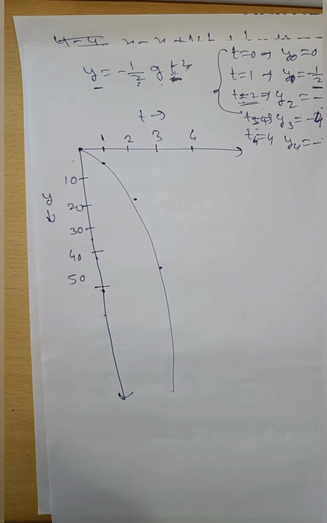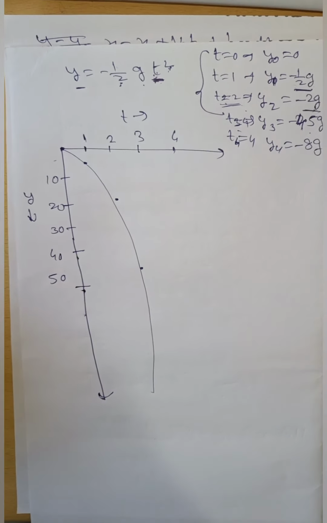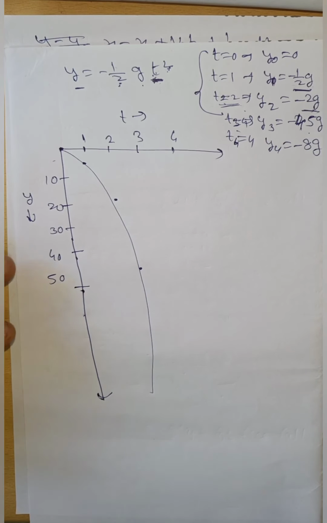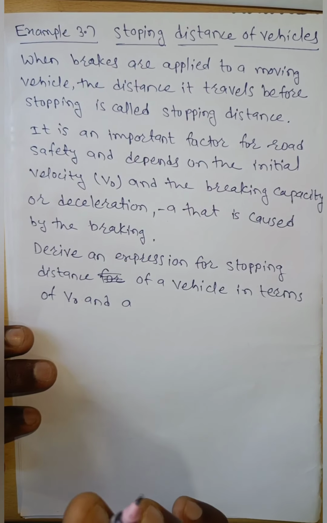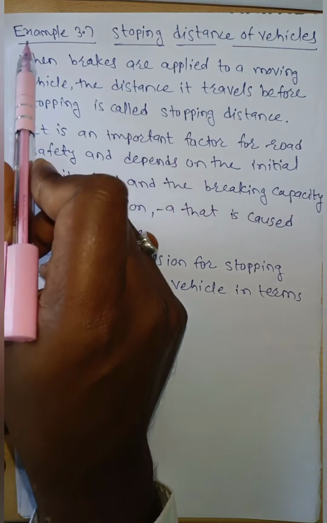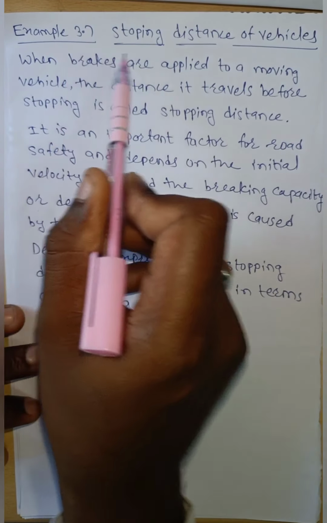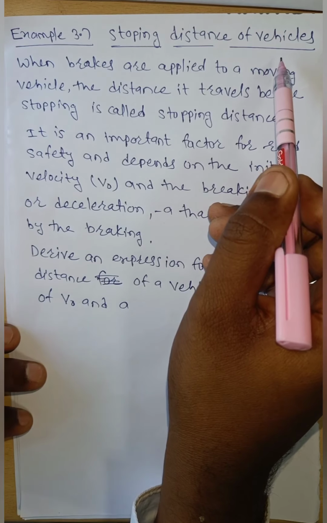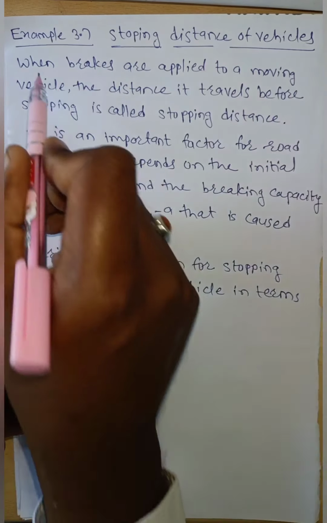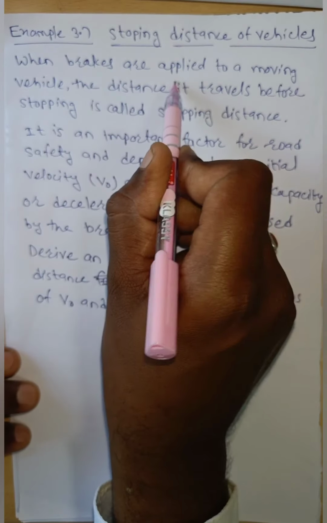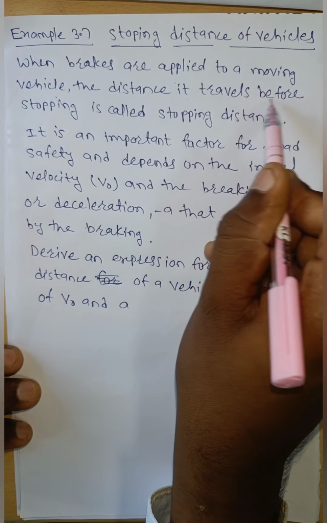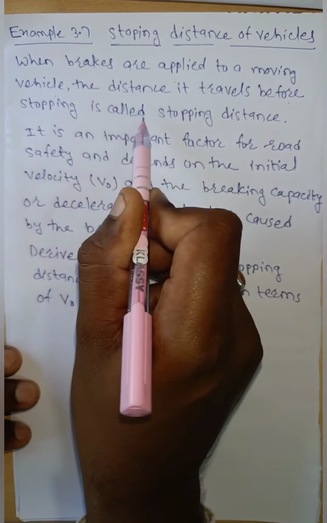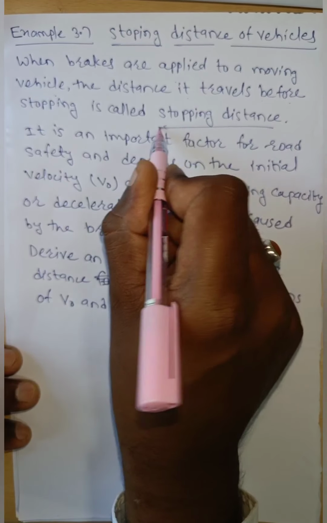Now we have to see some problems based on this chapter. See here, stopping distance of a vehicle, example 3.6. How to find out the stopping distance? When brakes are applied to a moving vehicle, the distance it travels before stopping is called the stopping distance.